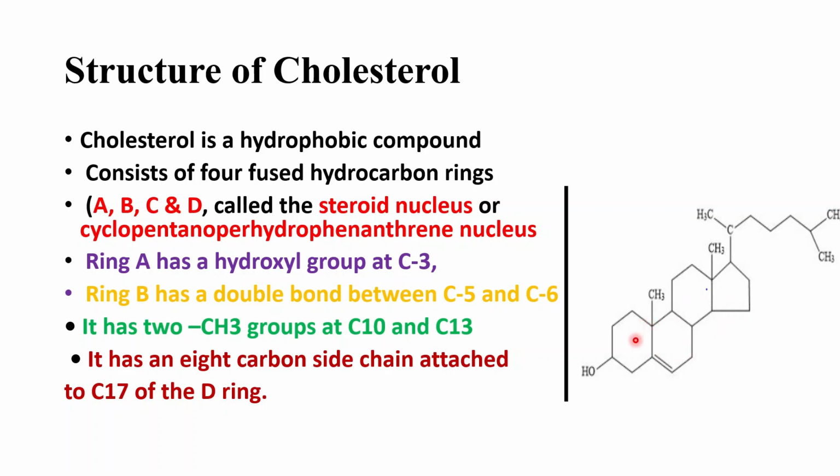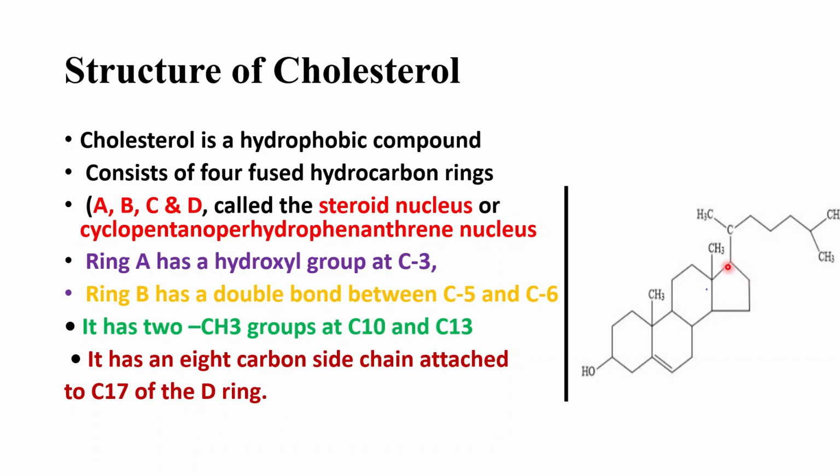This is ring A. It has a hydroxyl group at the third position. Then ring B has a double bond between the fifth and sixth carbon. It has two methyl groups at C10 and C13. It has an 8 carbon side chain attached to C17 of the D ring.